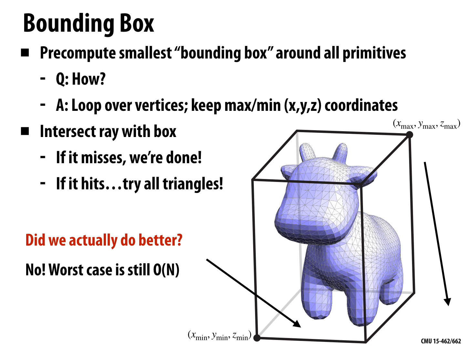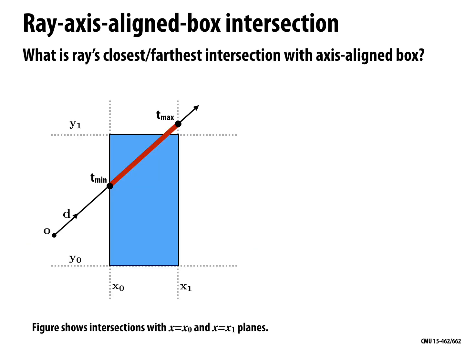Okay? The other thing we didn't answer, by the way, is how to do a ray box intersection. And if you've been following along so far, this shouldn't be too hard, right? If you know how to intersect a ray with a triangle, well, you already went through the exercise of finding a ray intersection with a plane.